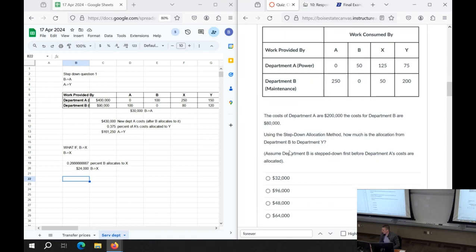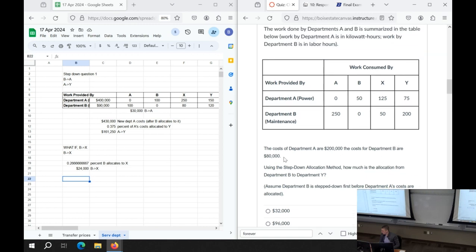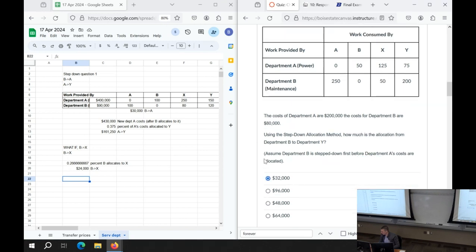All right, let's see. We want to know B to Y, and B is step down first. So this is very much what we did before. It's going to be this 80,000 times, where's to Y? 200 over the sum of these, which is 500. So that's 200 over 500, 2/5, 40% of $80,000 here, which will be that.